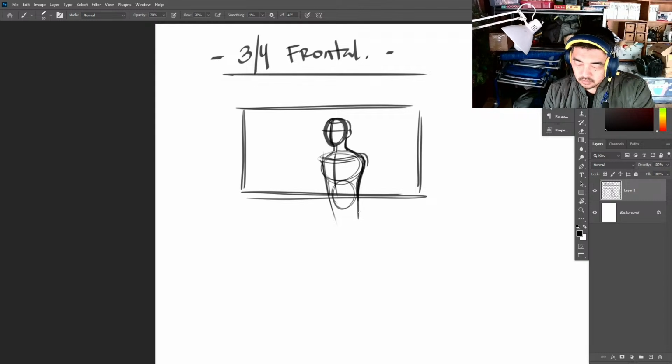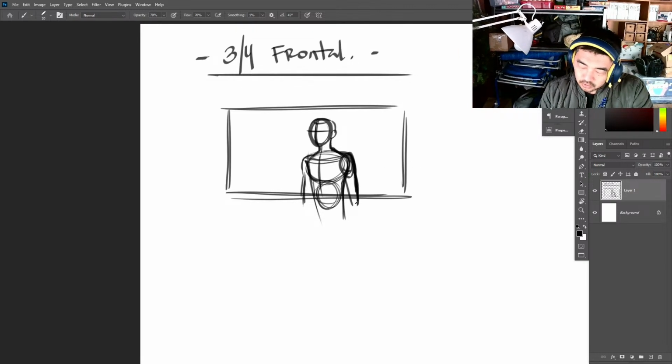Torso. So after looking at making these shorts, I've been noticing things about my drawings that I could improve. One thing that I could be improving is the shapes. Like this is a shape. This is also a shape. There's shapes within shapes.